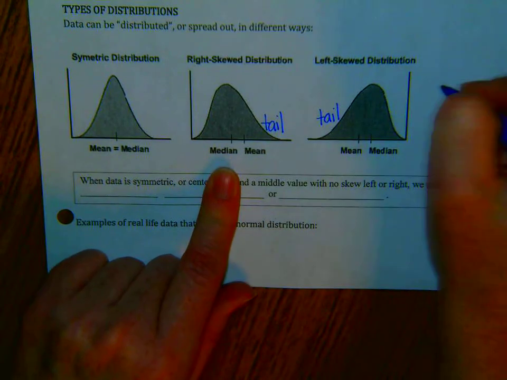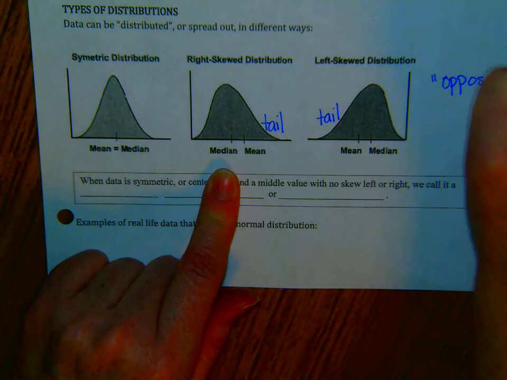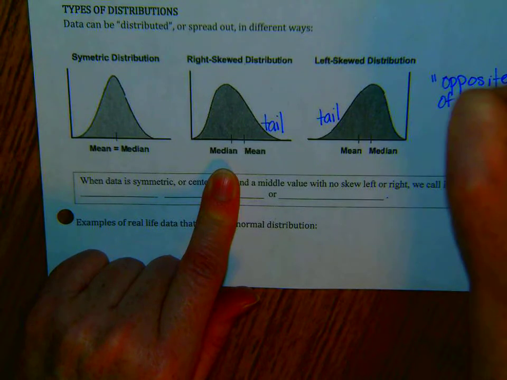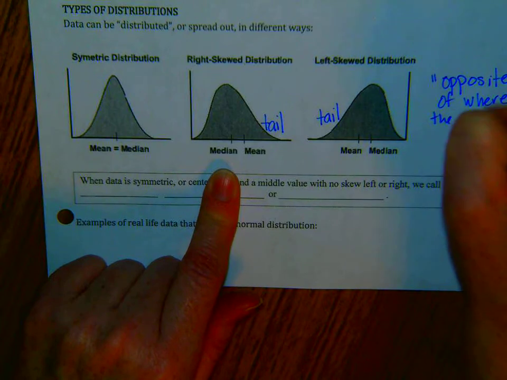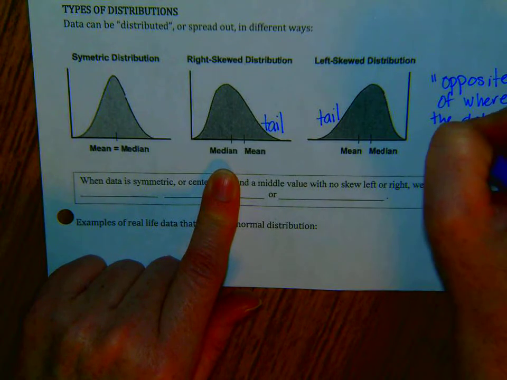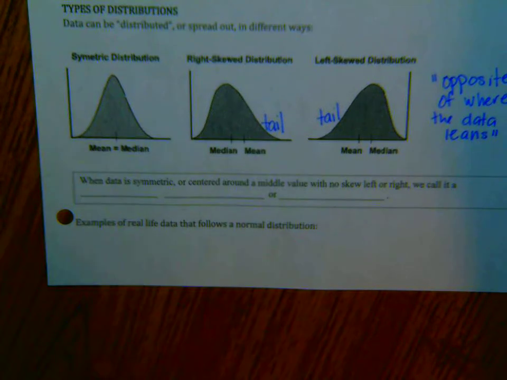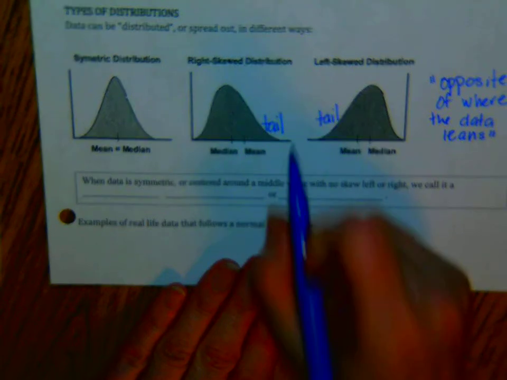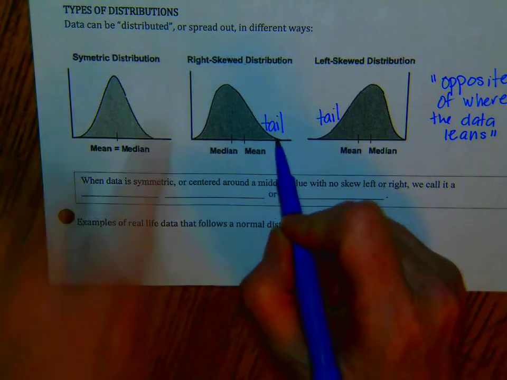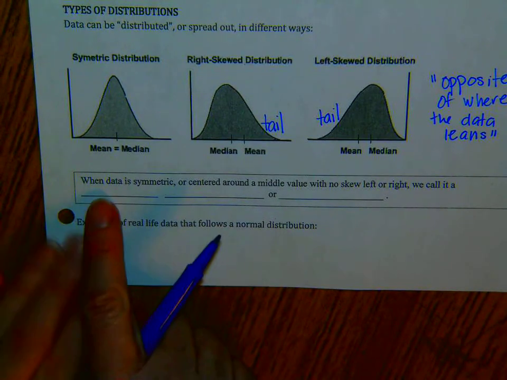Another way to look at it, if it's easier to remember, is to follow the tail, or go opposite of where the data leans. So whichever is easier for you to remember, go ahead. I like where's the tail. Wherever the tail is, that's the skew. So the tail here is right, so it's right skewed.